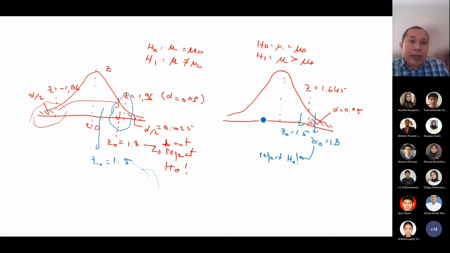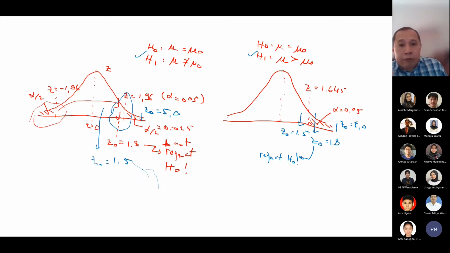Or conversely, let's say the Z0 is somewhere out here, 5.0, and here the Z0 is also 5.0. In this case, it doesn't matter how we formulate H1, we still reject H0 because the Z0 is so far outside that it doesn't matter if we change the hypothesis.